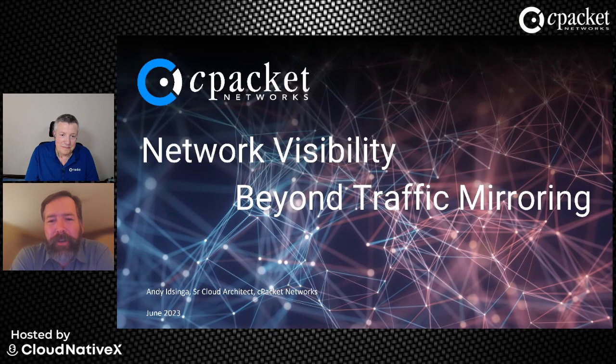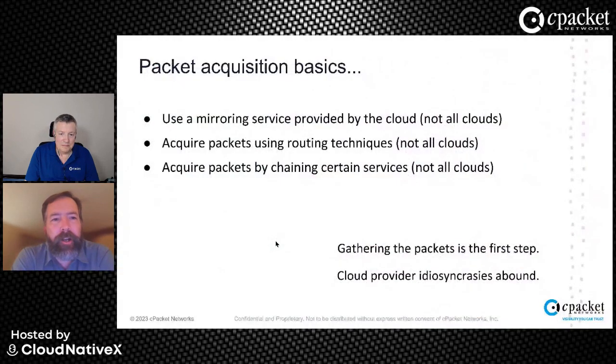We're going to talk a little bit about the cloud traffic mirroring capabilities, the core functionality that exists, and then dive into what cPacket Networks does in terms of visibility in both the cloud and the data center and the hybrid cloud data center environments that we have out here. A lot of the large enterprises are moving to these hybrid environments, and so we're going to talk about that kind of stuff.